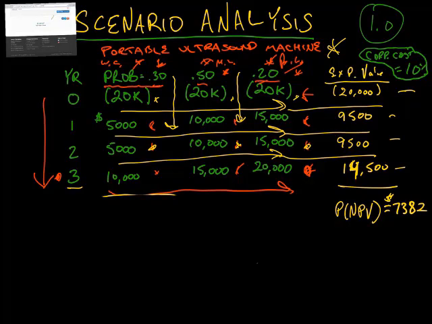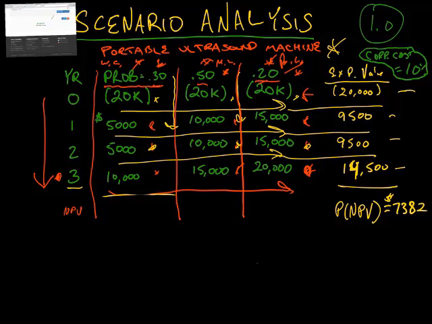Let's make another little row here. So we're going to be looking at the net present value, but now not for the expected value of the project, but for each probability. I think you can see where we're going with this one.